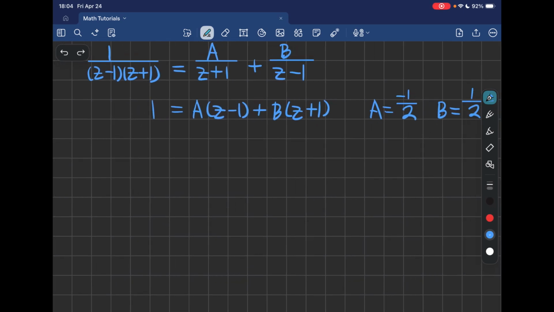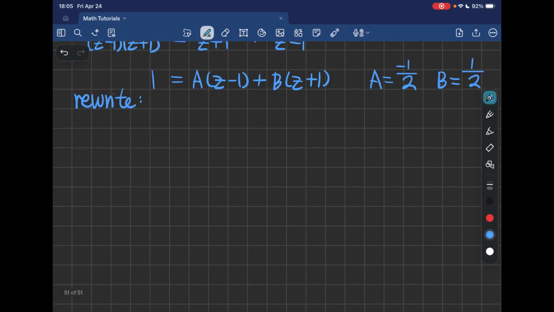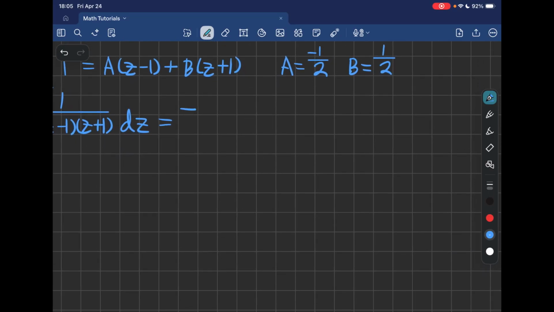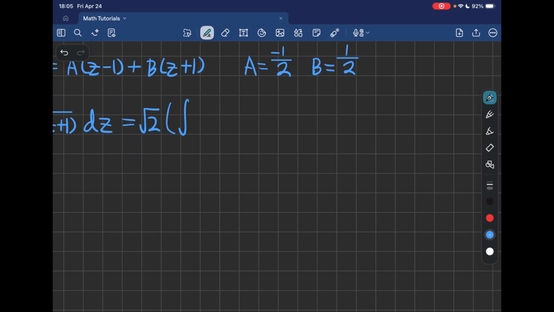So let's rewrite the previous integral. So we had this. So now that equals square root of 2 times the sum of two separate integrals.